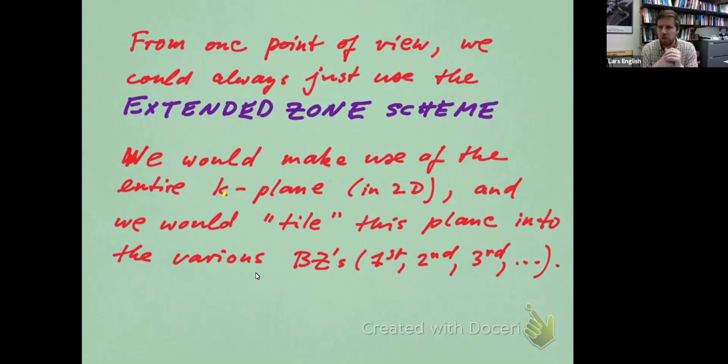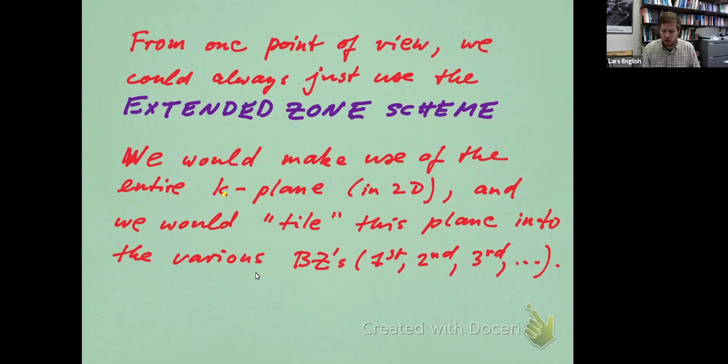These higher order zones are almost fractal-like, but they always add up to the same area of 2 pi over a squared. All the various Brillouin zones are of the same area, and in that sense, they fill out the entire K-plane.